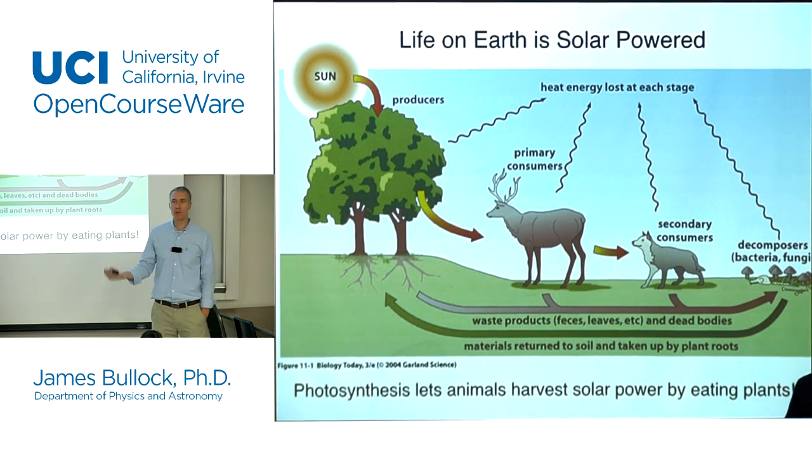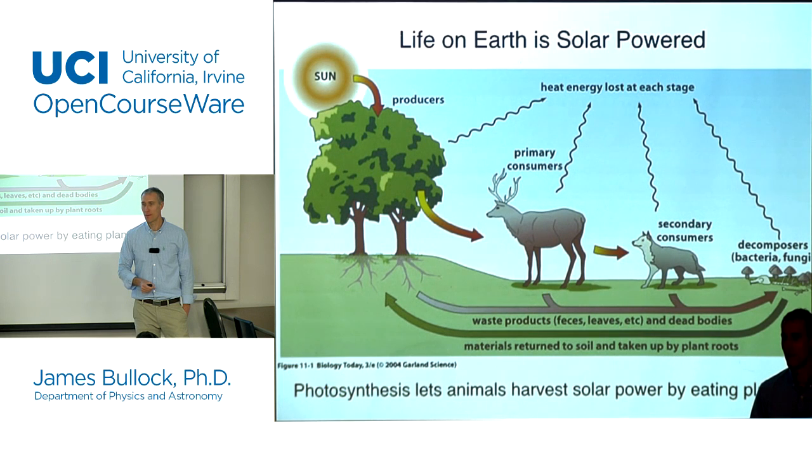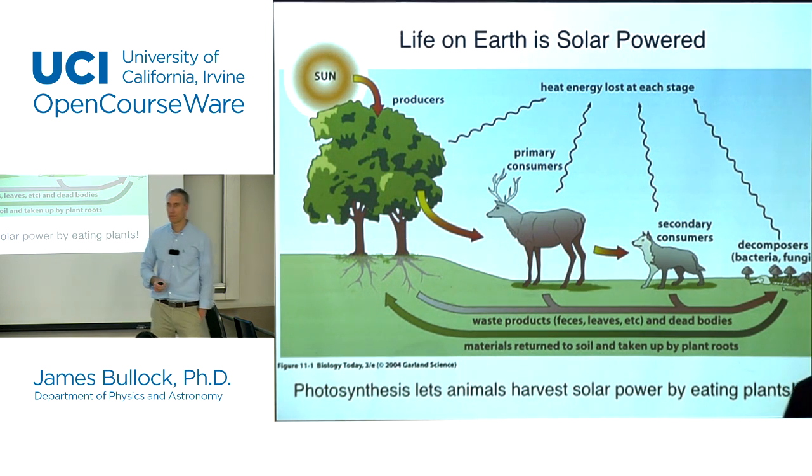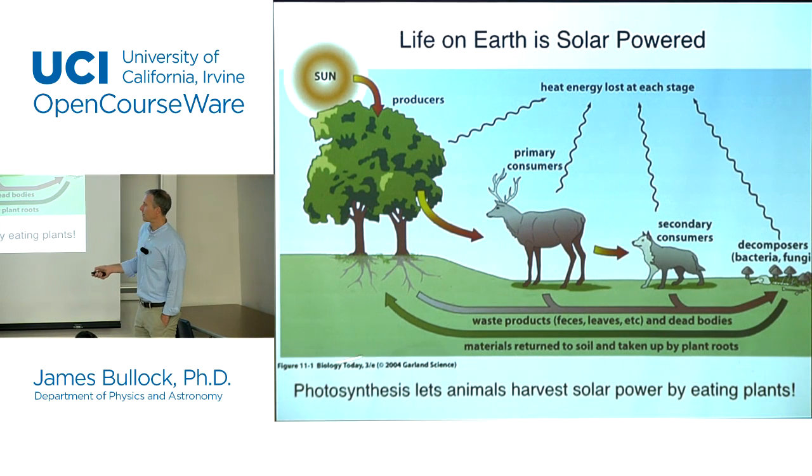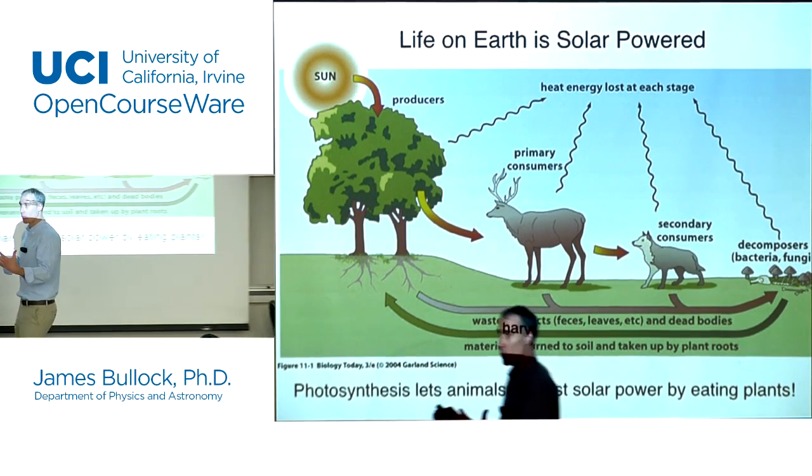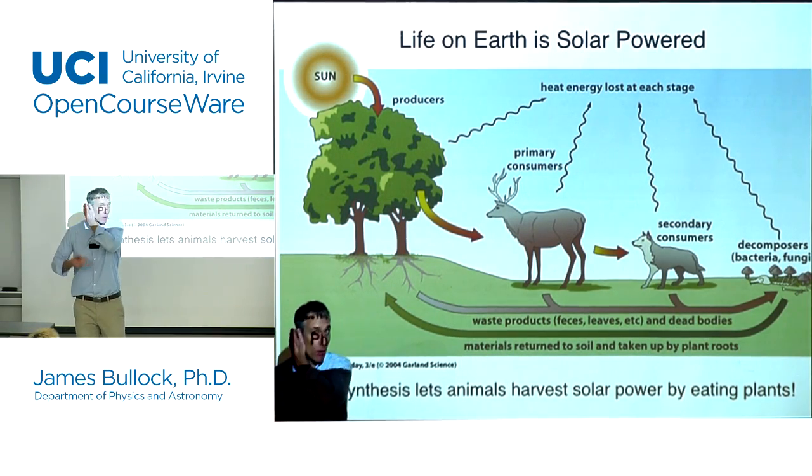And when we eat animals and plants, we're also getting our energy from the sun. Does that make sense? So it's kind of crazy that photosynthesis lets animals harvest the solar power, right? That's what we're doing. We're harvesting solar power when we eat. And that's how we power ourselves.